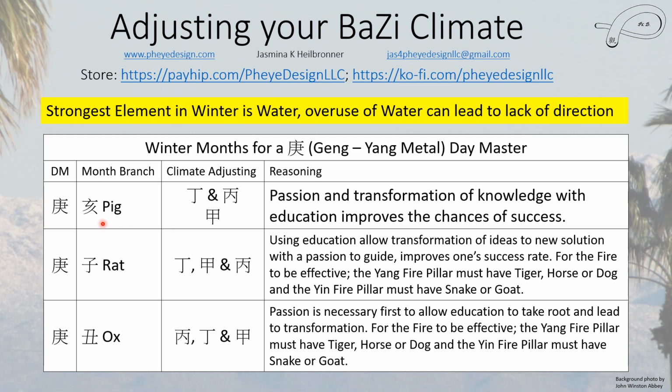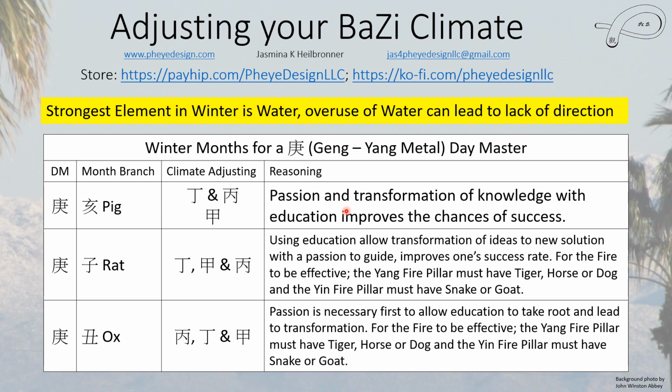Now, what this means in real life is you need a passion and some transformation from some sort of knowledge that will come through education. And so you do need education here to improve your chances of success. Now, this education can be formal or informal. It can even come from the internet. And in general, if you're not looking for political stuff, a lot of the stuff on the internet is pretty accurate.